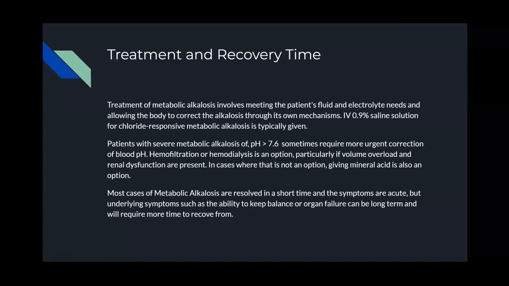That is usually done for a volume overload or renal dysfunction. So if the kidney isn't working, that's what's done there. Now, if that is also not the case, a very simple solution is giving mineral acid to help balance out those bases in the blood.